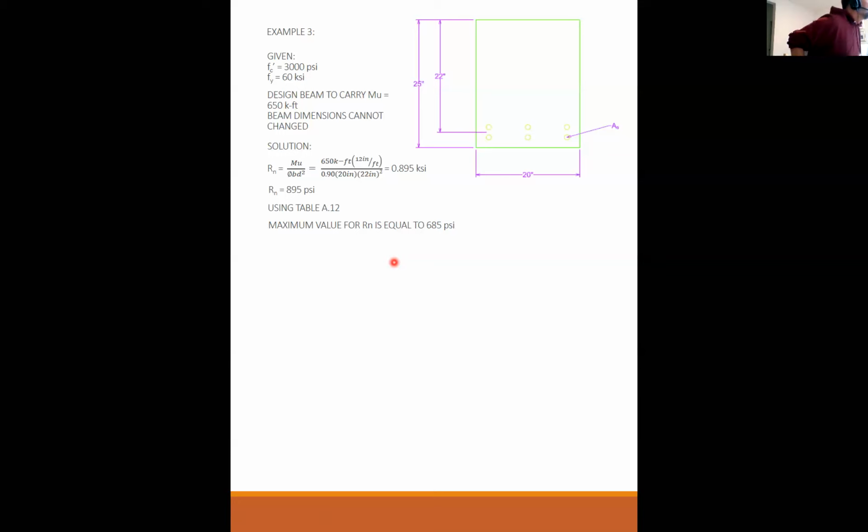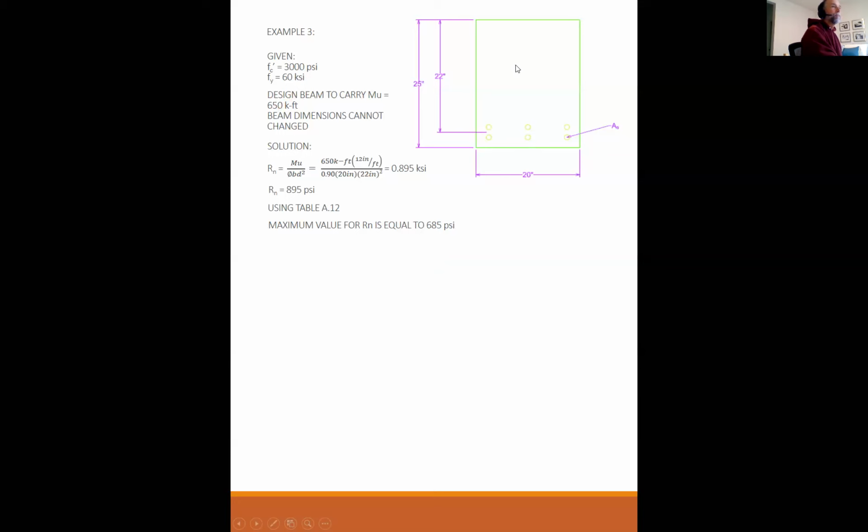So the answer is I have maxed this beam out with tension steel. If I put any more tension steel in here to get closer to this strength, I'm over reinforced. And over reinforced I cannot be.